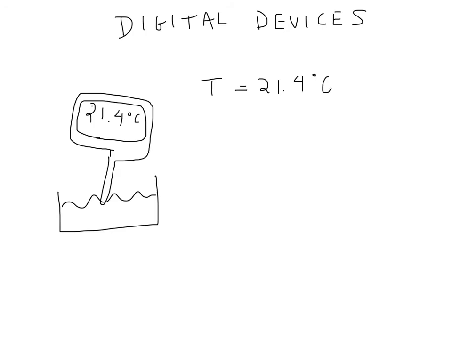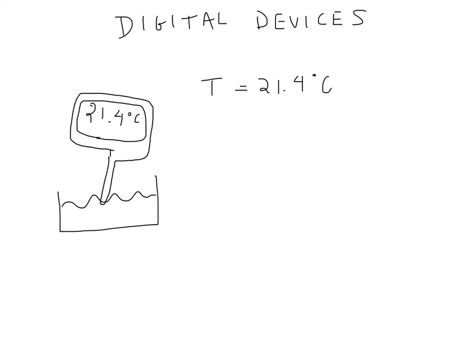Yes, good. Science. We are taking data. But wait, there's uncertainty, of course. We know there's uncertainty, because this device is only so precise. It doesn't give us all the extra decimal places, right? We don't know if it's 21.48, 21.37, and so forth.